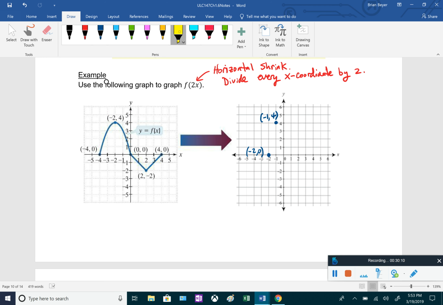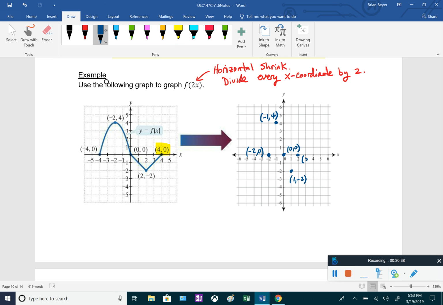Next, we have the origin. The origin is going to stay put because 0 divided by 2 is still 0. And next, we have 2, negative 2. Divide 2 by 2, we get 1. So that's 1, negative 2. And then lastly, 4, 0. 4 divided by 2 is 2.